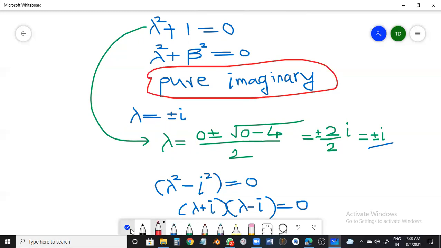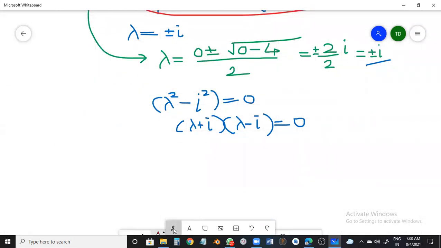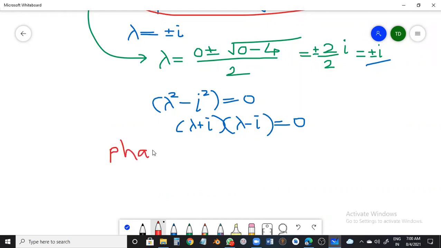So in case of pure imaginary eigenvalues, what are the phase portraits? Have you read it yesterday?